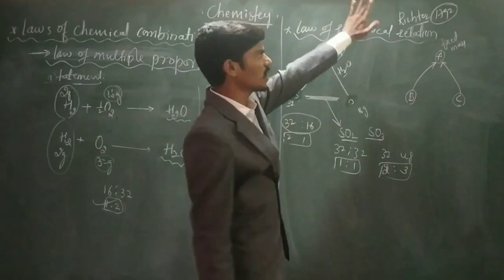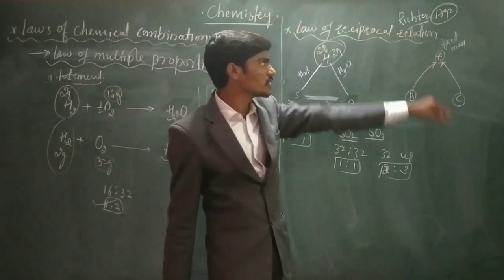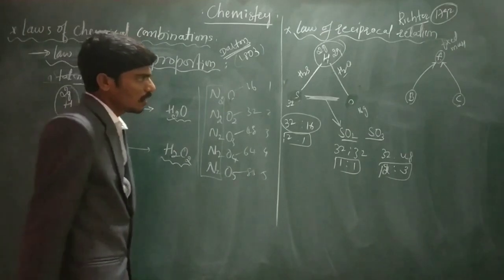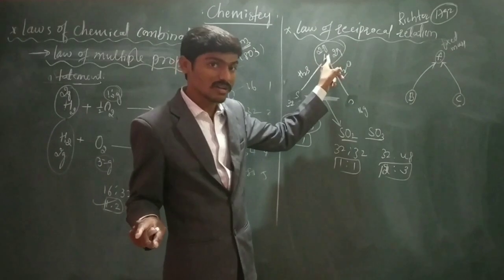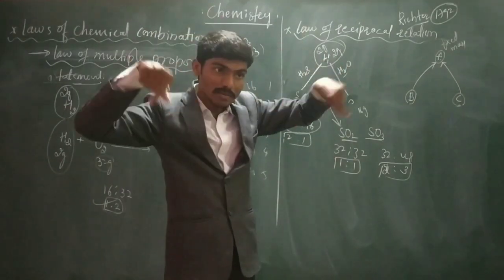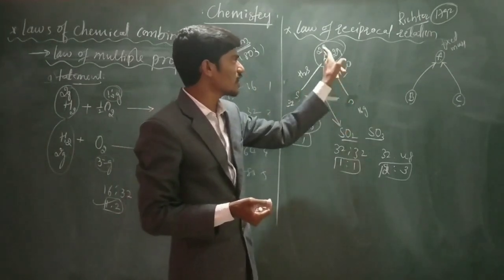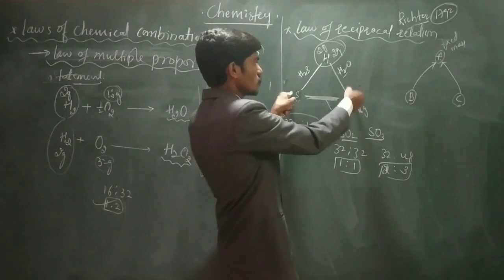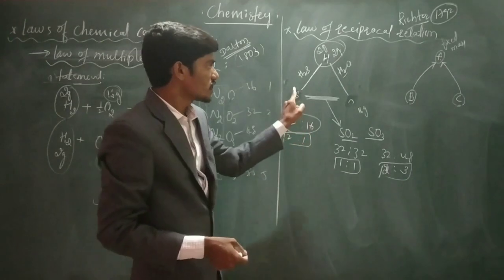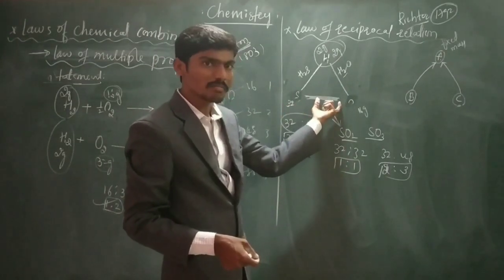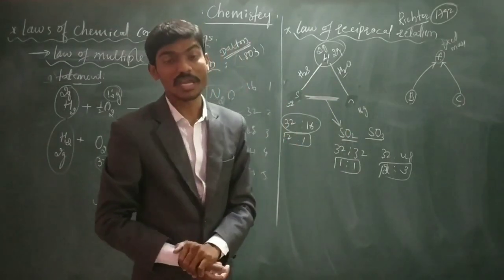The law of reciprocal relation, it states that the law of reciprocal relation is given by Richter in 1792, and it states that when two different elements combine with a fixed mass of third element independently or separately, then the ratios in which they combine with the third element, इसका जो ratio, the ratios in which they combine with the third element is same or some simple whole number multiple of the ratios in which they combine with each other. ये आपका स्टेटमेंट हुआ.